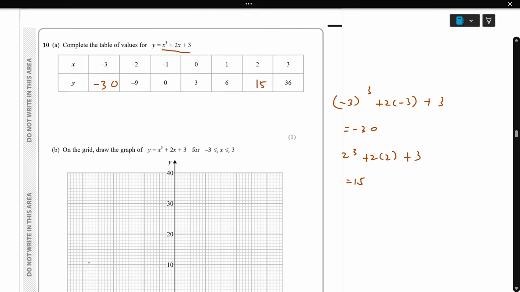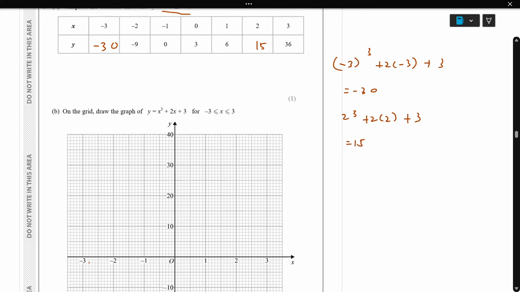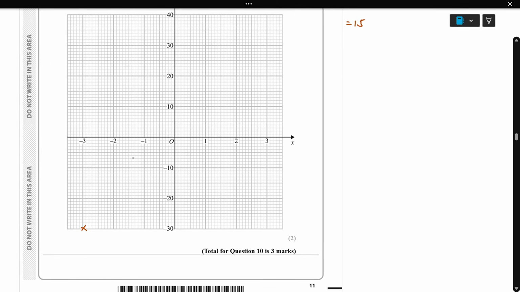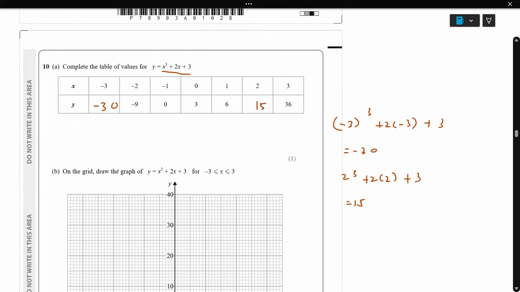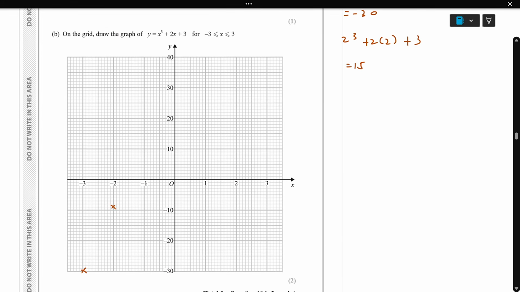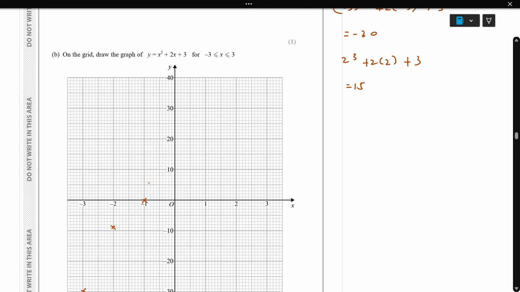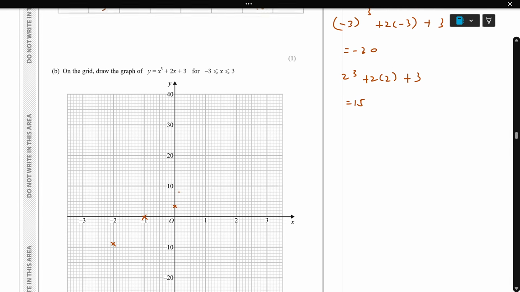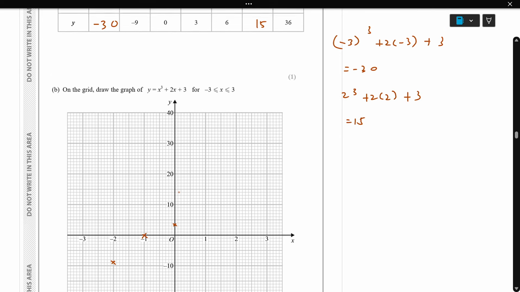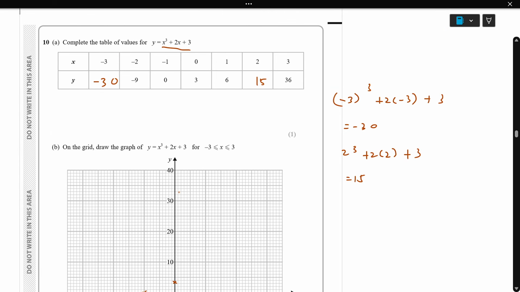Minus 3, minus 30 is here, and minus 2, minus 9 is going to be here. Next, minus 1, 0 is going to be here, and next 0 comma 3, it's going to be here.